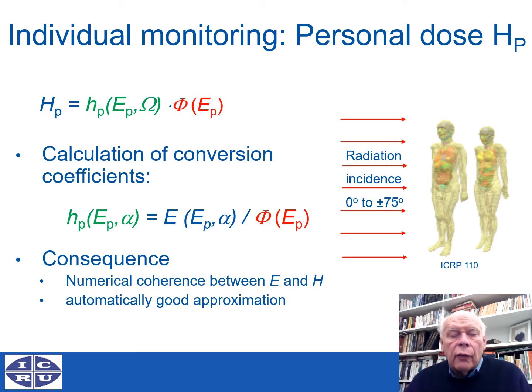The conversion coefficient is calculated as a ratio of the effective dose for a given angle of incidence, and the fluence. That means the conversion coefficient is closely related to the effective dose, and therefore it is obvious that there will be a close numerical correlation between the two.